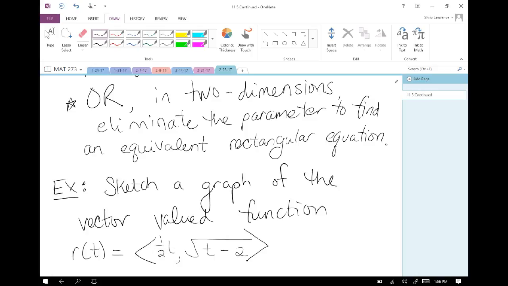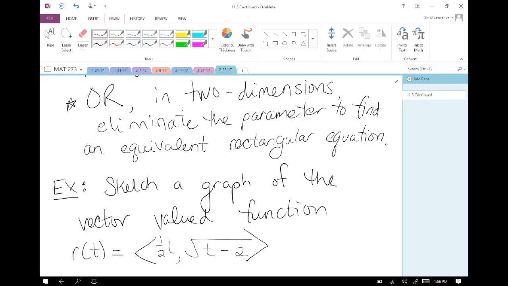And we're actually going to do this both ways, so I can show you that both ways work. First of all, what t values do we need to stick with? We can't just plug in any t value that we want to.